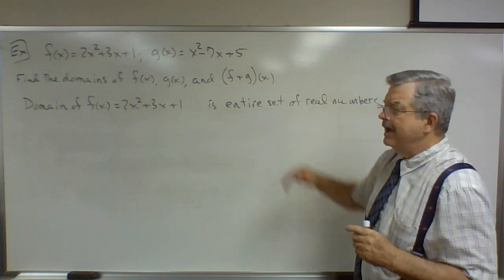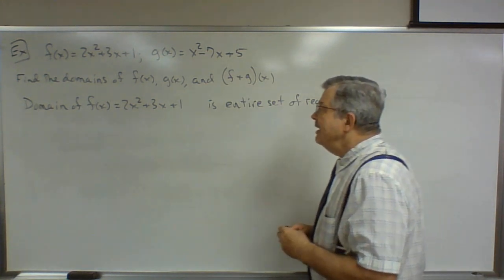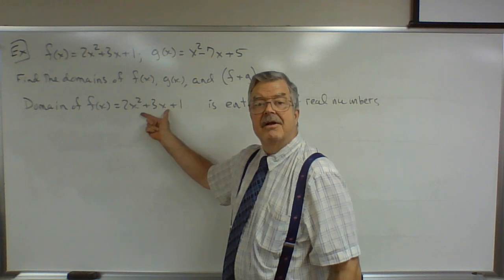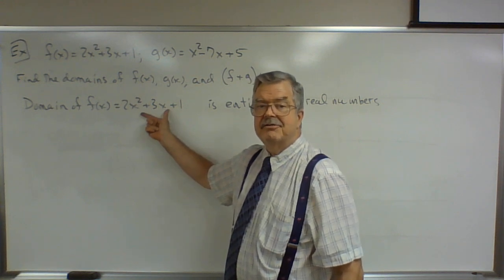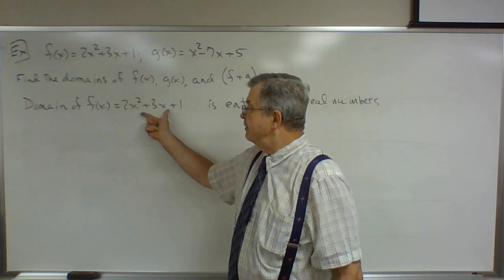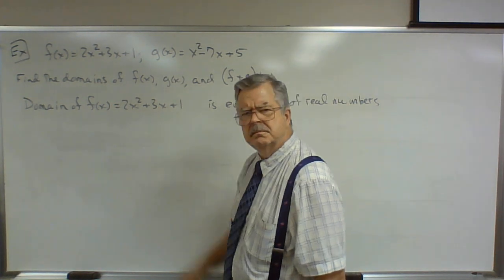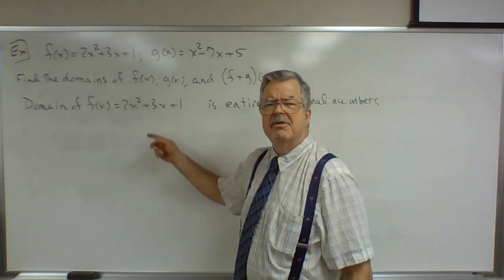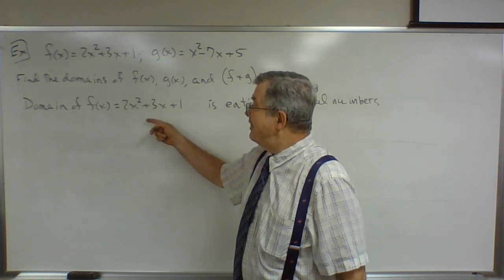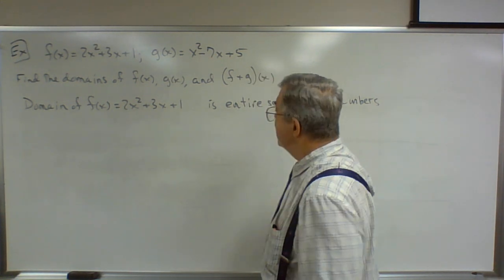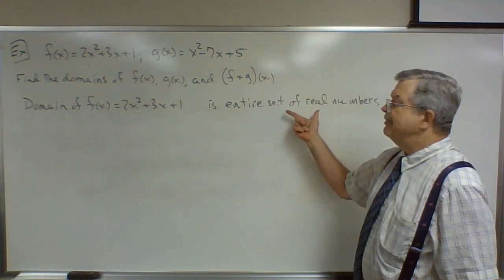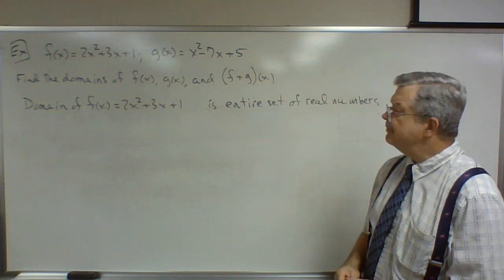One more thing to check. Is there any x value that would cause us to have a negative under a square root or an even root? There's no radical, no square root, no even root here. So that doesn't happen either. Our initial assessment stands. The domain of f of x is the entire set of real numbers.